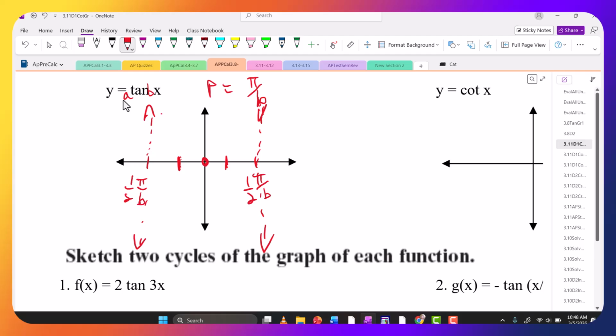All right, so whatever this is, when we have an actual question, just take half of it again. It's the same math as sine and cosine. But then this a value, we cannot, oh, I'm sorry, we cannot call this an amplitude, but we do need it as an a value for a stretch shrink factor.